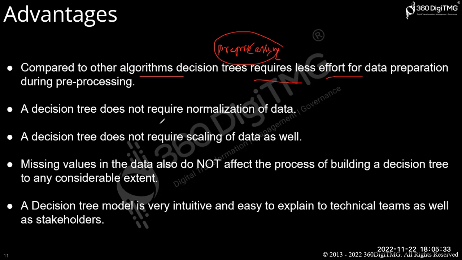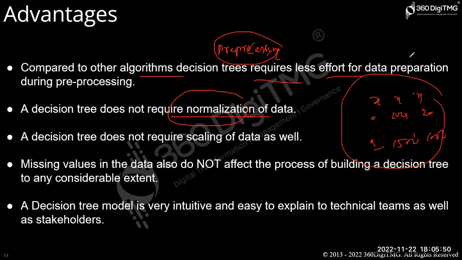For example, if you don't have normalized data, say x1 is in the range 0 to 1, x2 is between 1000 and 15,000, and x3 is between 20,000 and 1 lakh, it is not normal data. So we would have to convert it using normalization or standardization based on our requirement. But you don't need to do this for decision tree. It is capable of handling this non-normal data.